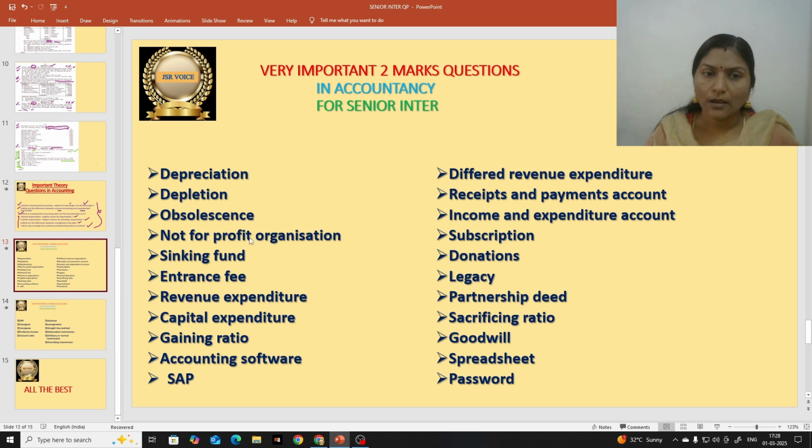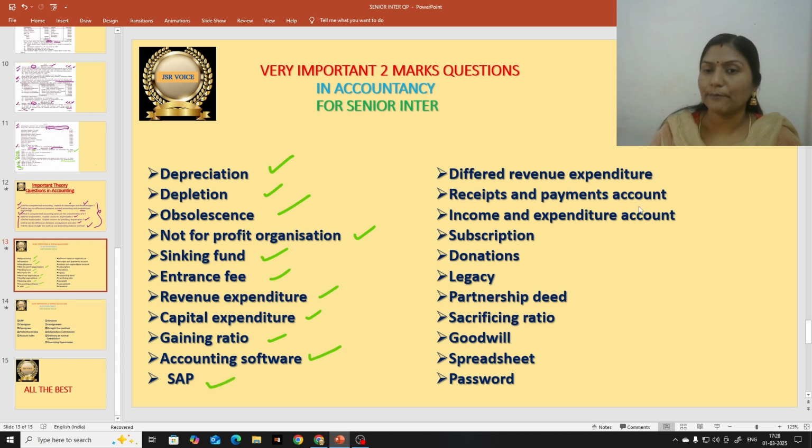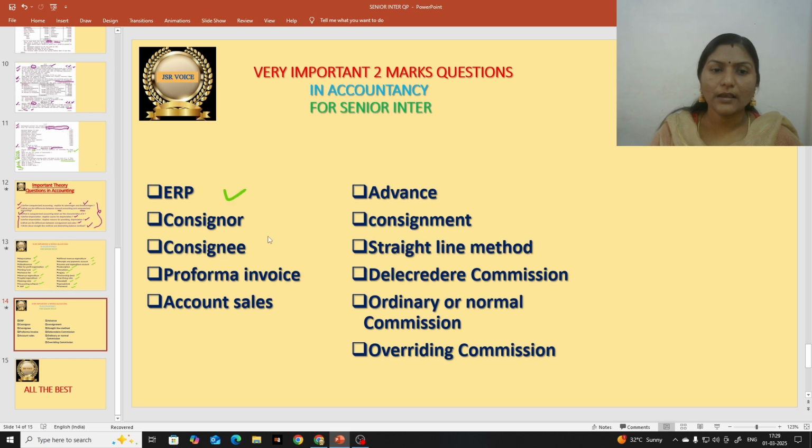Depreciation, depletion, obsolescence, not for profit organization, sinking fund, entrance fees, revenue expenditure, capital expenditure, gaining ratio, accounting software, SAP, deferred revenue expenditure, receipts and payments account, income and expenditure account, subscriptions, donations, legacy, partnership deed, sacrificing ratio, goodwill, spreadsheet, password, some more are there. ERP, consignor, consignee, proforma invoice, account sales, advance, consignment, straight line method, del credere commission, ordinary commission or normal commission, overriding commission.